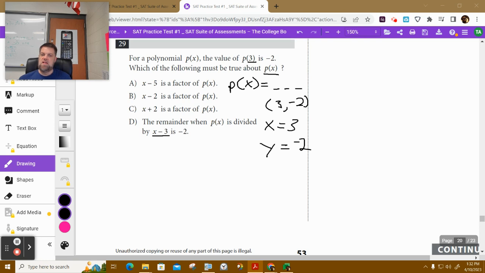They're saying that in order for this to be true, A needs to be a factor. Well, if that's the case, then that would be x equals 5. In other words, if this is true, then that would be a 0. When x is 5, y would be 0.